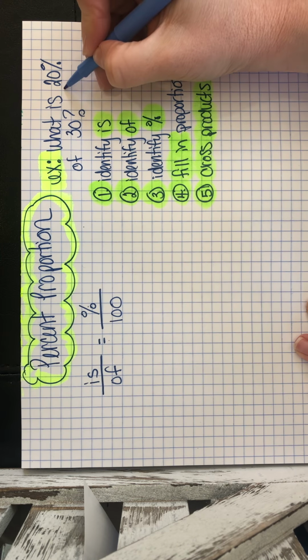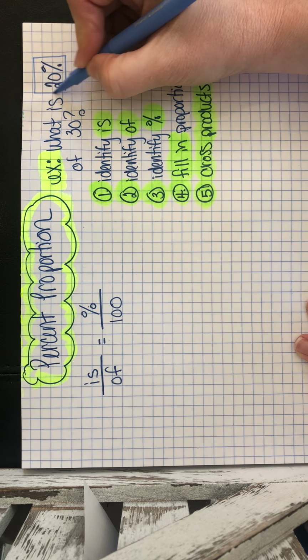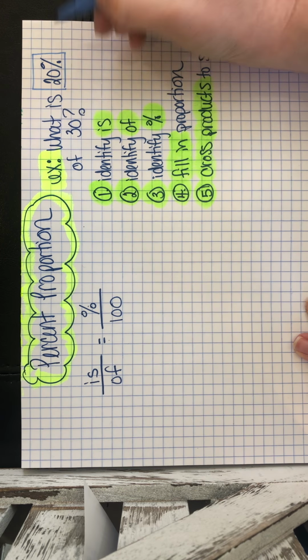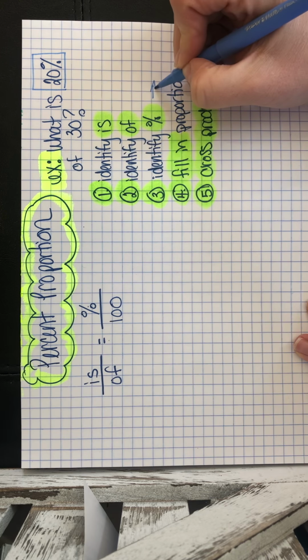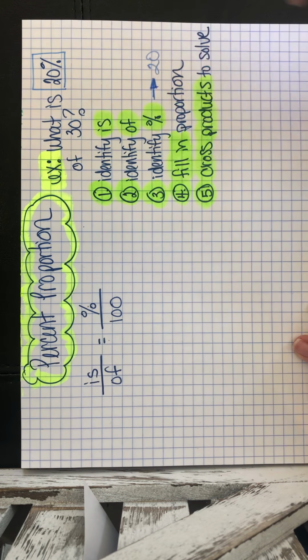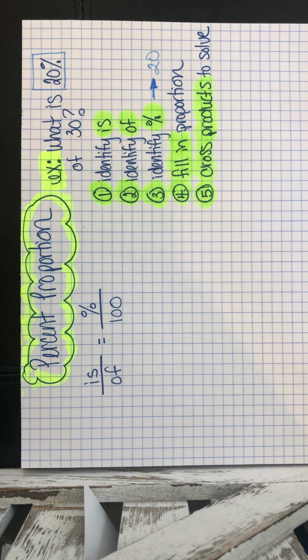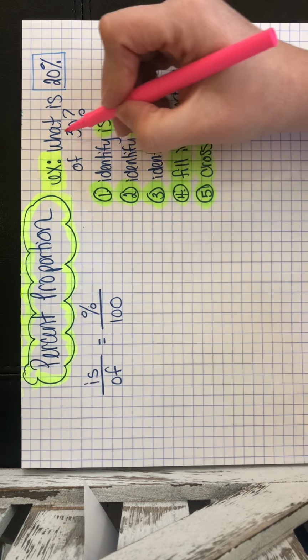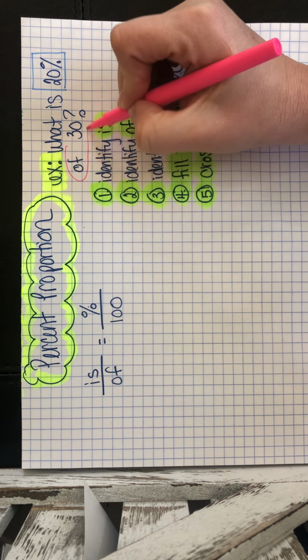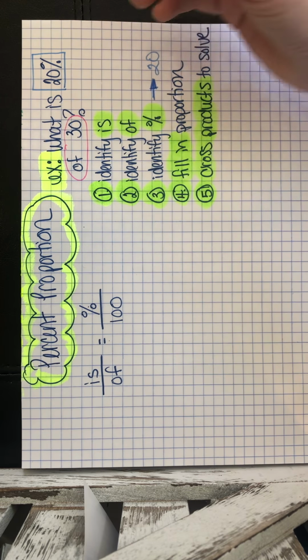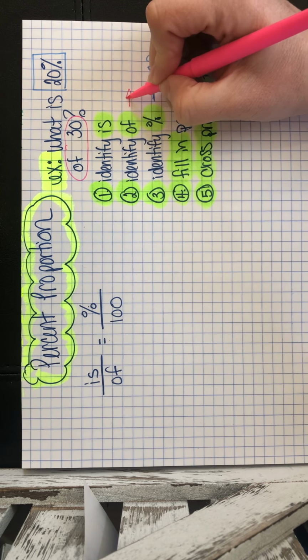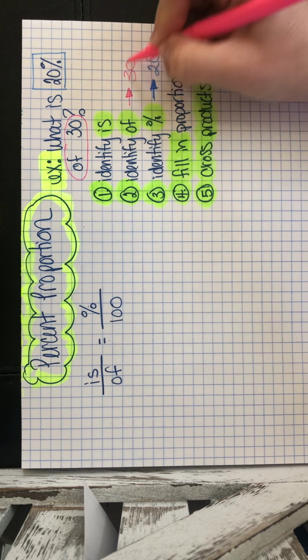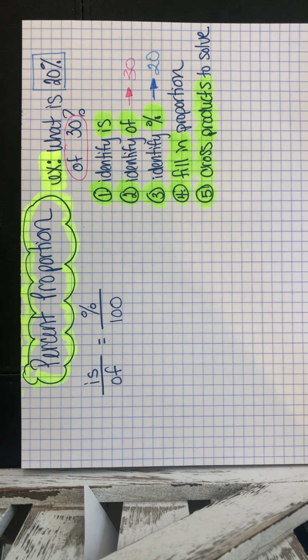So for example, right here, I can see that this says 20%. So that means that my percentage is going to be 20. Then I can see here that this says of 30. So that means my of, I'm going to fill in 30.